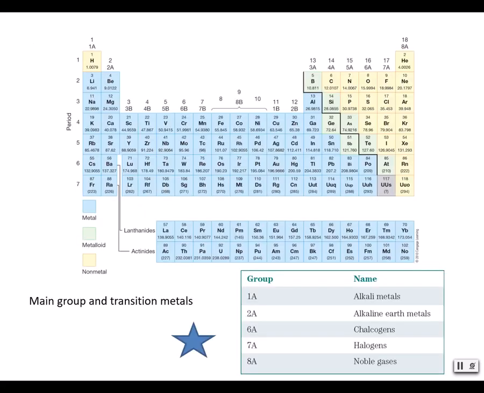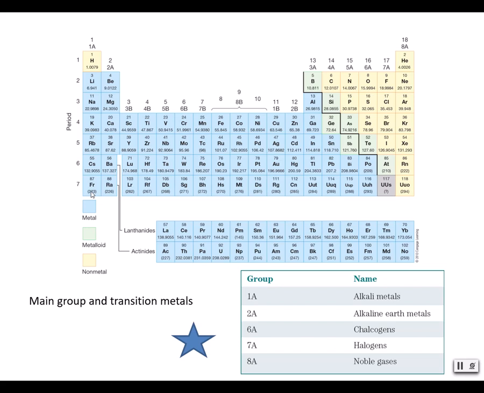This is just another screenshot of that beautiful periodic table to further illustrate the point about groups. There are some groups that are so special that they have names associated with them. So when we say alkali metals, you should immediately think of elements that are in group 1A, so hydrogen through francium.